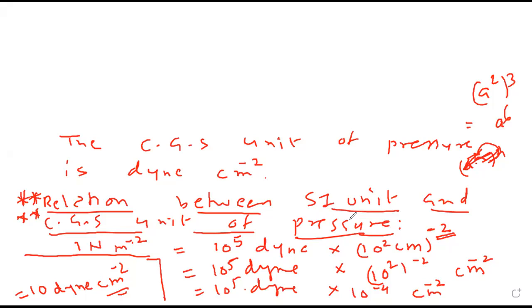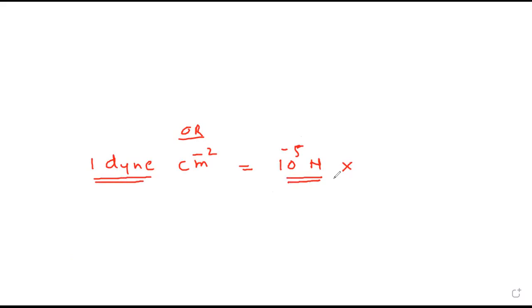1 Newton meter raised to minus 2 is 10 dyne centimeter raised to minus 2. I'm clearing this off. Now tell me, 1 dyne centimeter raised to minus 2, I want to convert into SI. 1 dyne means 10 raised to minus 5 Newton, or not?